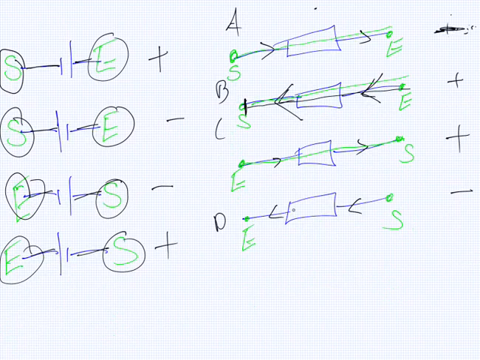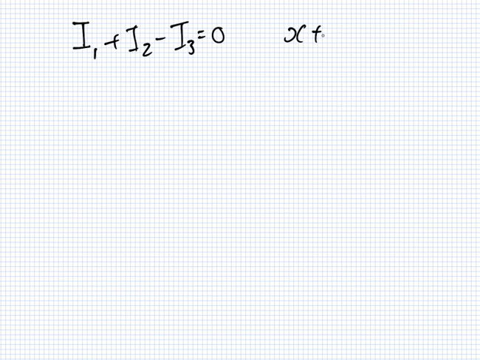Minus 6 is right because you go through the resistor and you lose, like here earlier. So when I go this way around, going up, I lose.